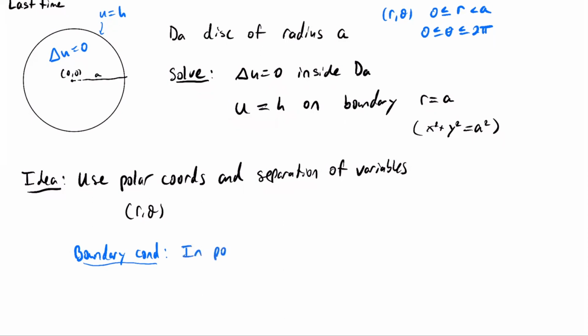If we use polar coordinates, u of (r, theta) on the boundary is given by setting r equal to a, so a is some fixed number. For example, you can view a as equal to 1 if you want to, or a is 2. But the boundary is exactly where the radius has been fixed to whatever this number is. And so the only variable is theta.